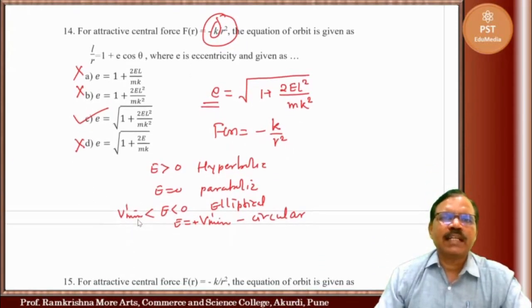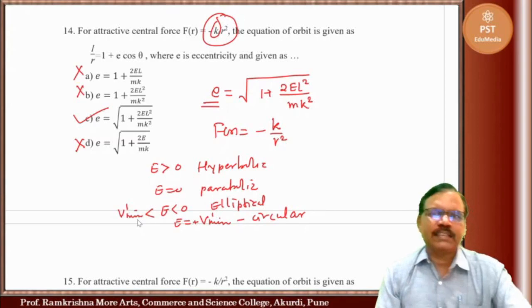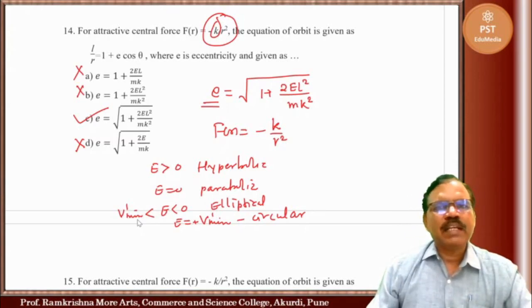So using those energies, you can find e will be greater than 1, e will be equal to 1, e will be less than 1, and so on.